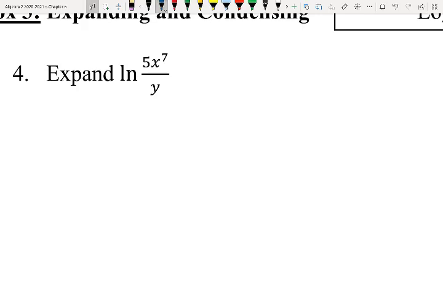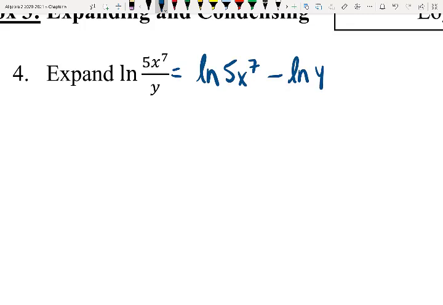So when I expand this, quotient rule, our division, tells us that I have the natural log, which I write my ln's as cursive just to make them a little more distinct from ones. So natural log of 5x to the 7th power minus natural log of y.